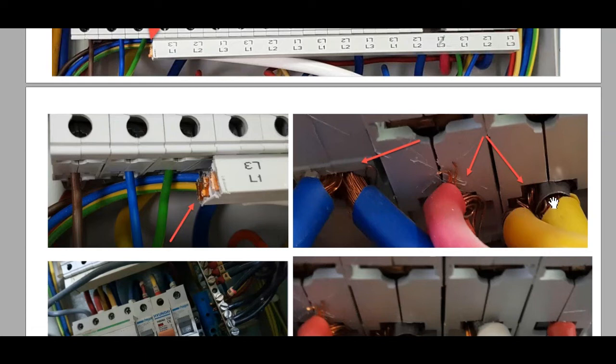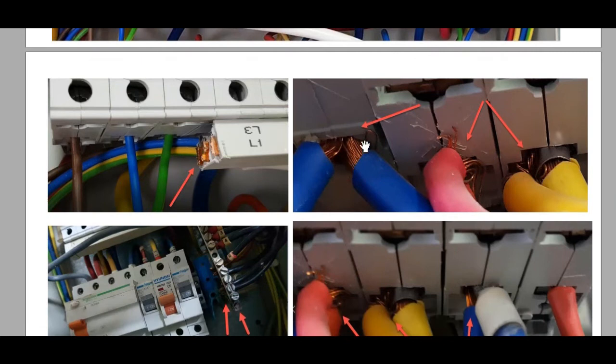Even here they use two yellow wires, phase or second phase. This is RST. So in this case you see they use bootlace ferrules here, but they are not connected properly. So as you see, we have a lot of damage here, and this may cause a dangerous situation, even sometimes maybe a short circuit between the phases.